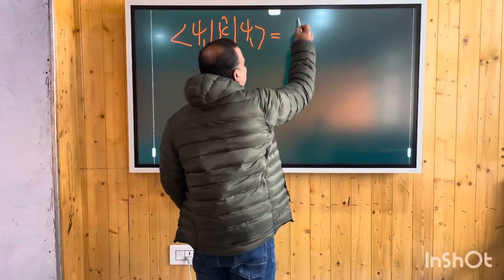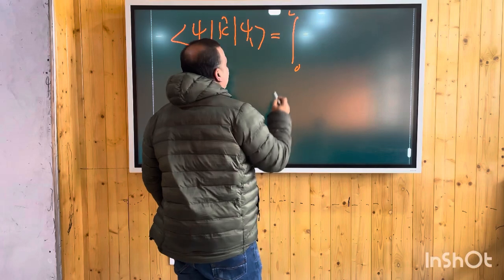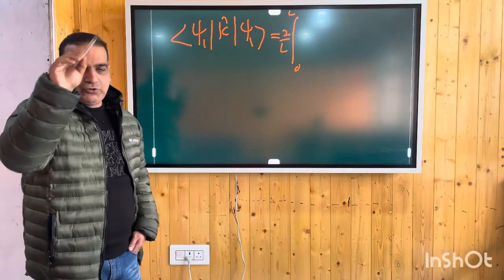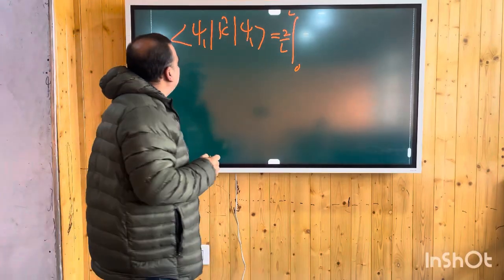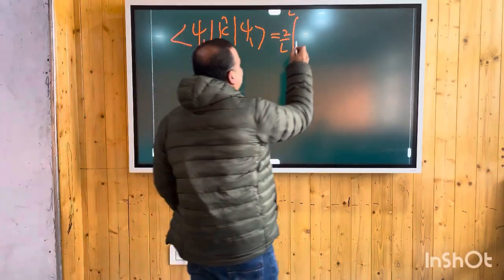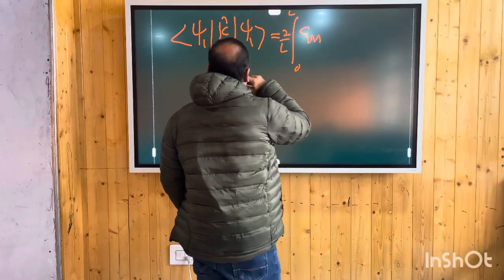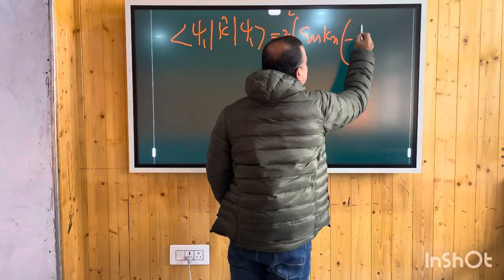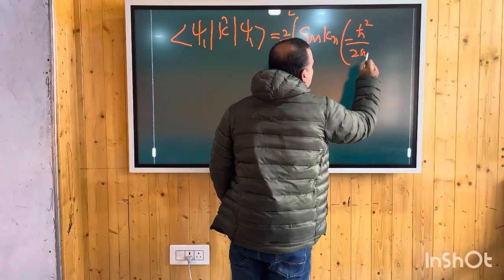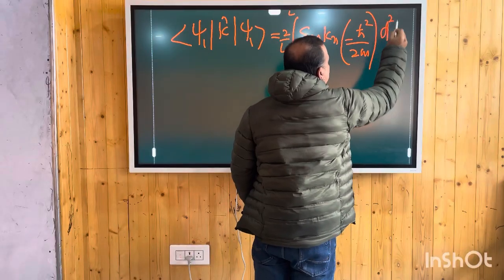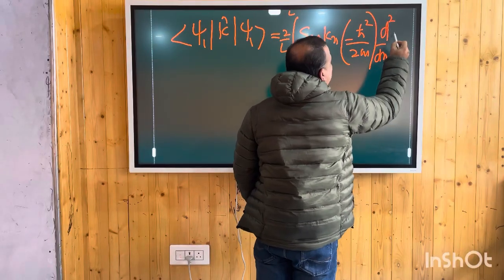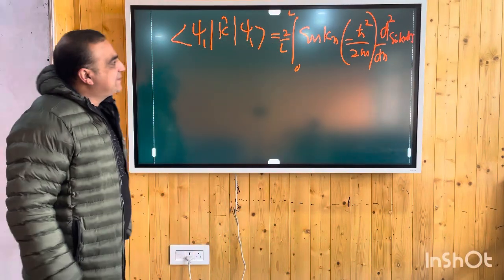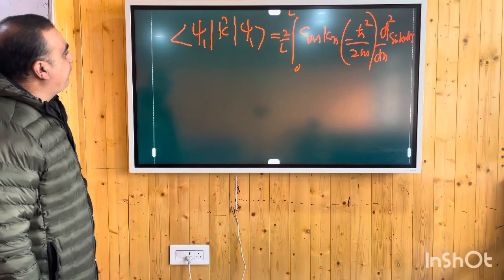So that will look like the integral 0 to L, you will have 2 by L outside because it's under root of 2 by L, the square and root will cancel and you'll get 2 by L. And then you will have sine of kx and minus h bar squared by 2m, and then the double derivative of sine of kx, dx. Right? This is something that we will achieve from here.